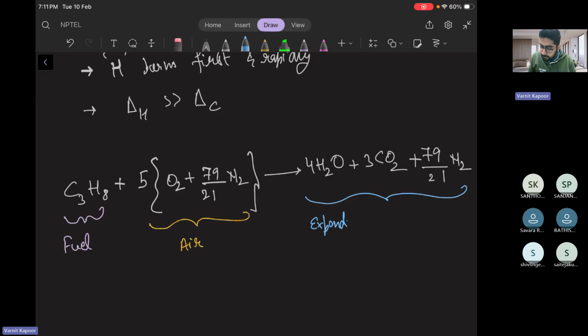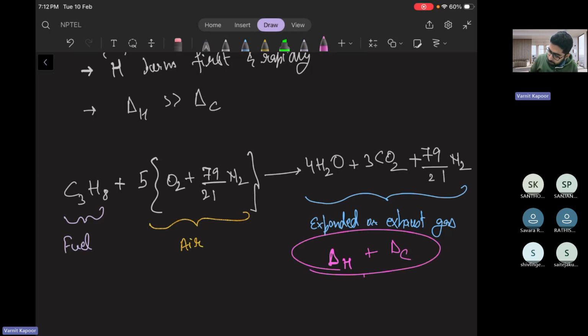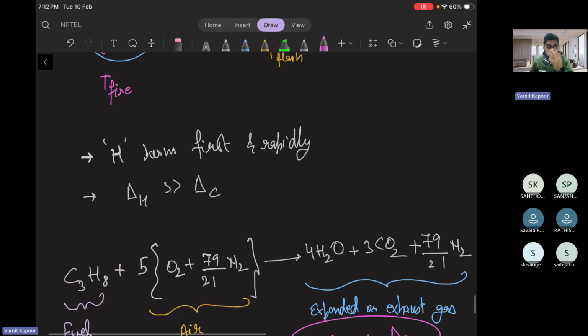Which comprises delta of H, that is hydrogen, and delta of carbon, and these are nothing but your calorific values. So fuel carries hydrogen and carbon, and it has a calorific value, and hydrogen has a higher calorific value compared to carbon. That's why it burns first.